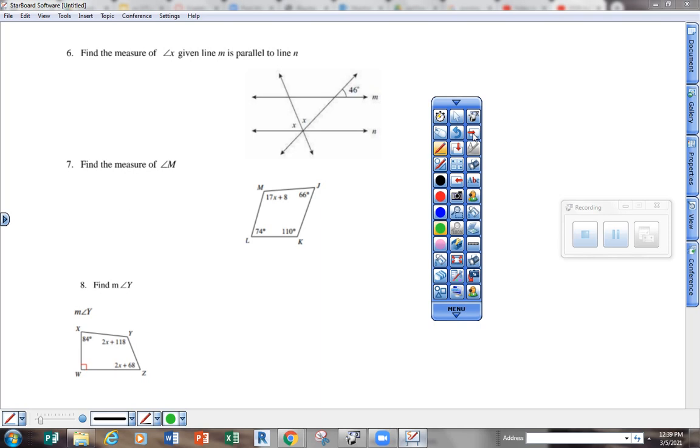This says find the measure of x if it's parallel. So here we go. Let's try to figure this out. If this is 46, this is 46 right here. This is 46.